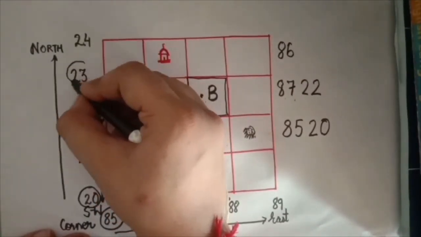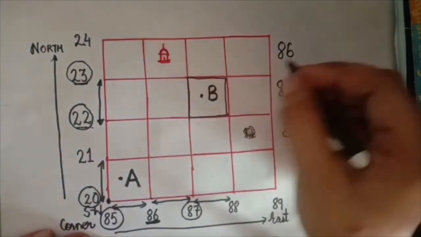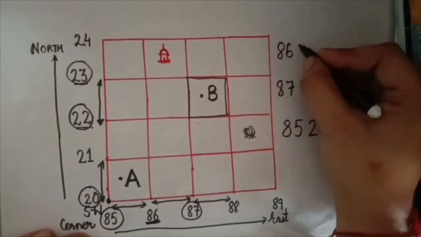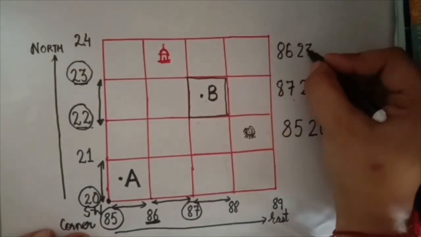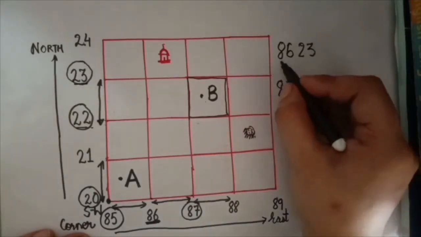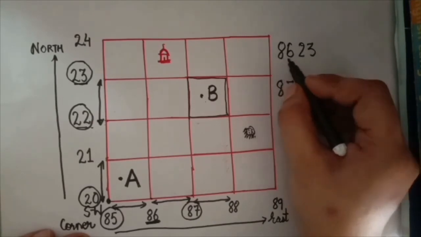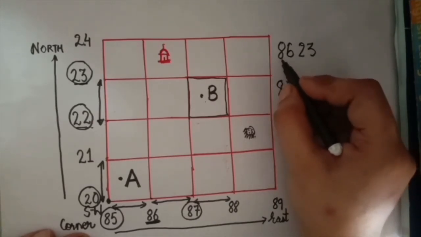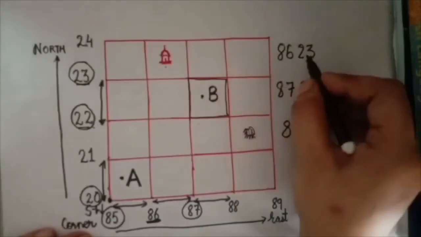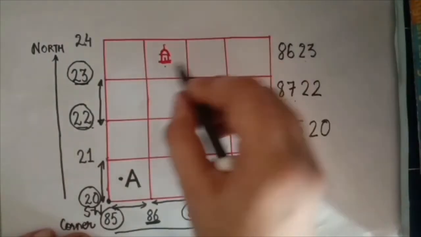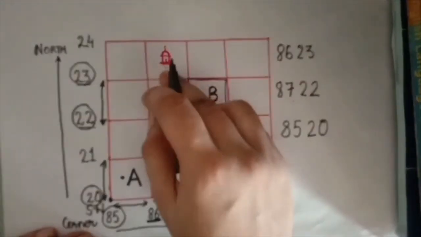Obviously, it's 2-3. So we'll write down 2-3 here. So we have got 8-6-2-3, where 8-6 stands for the eastings of the temple and 2-3 stands for the northings of this temple.